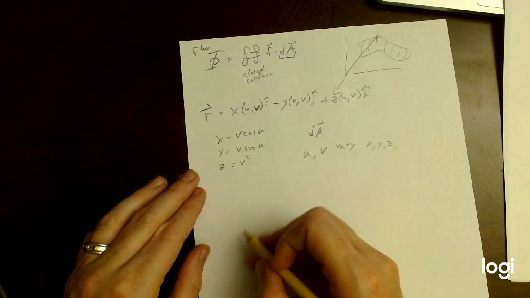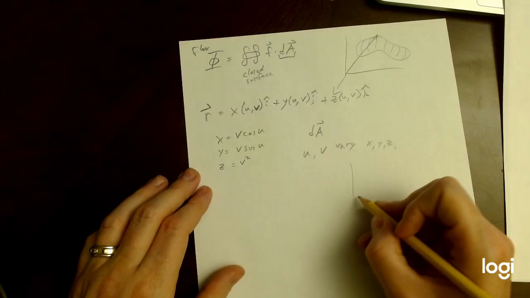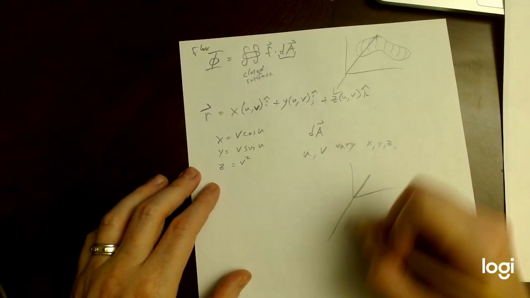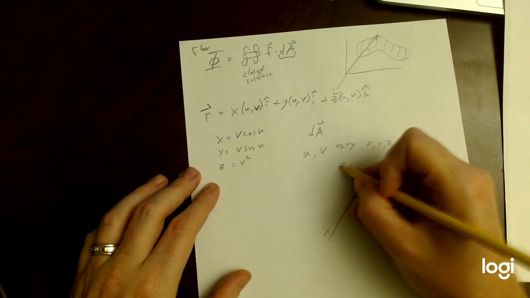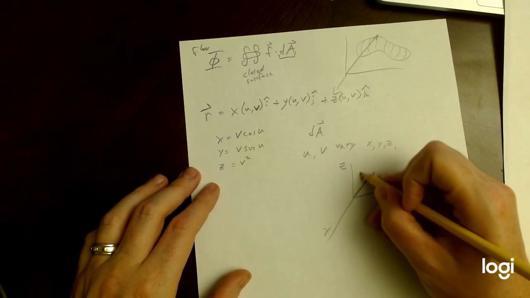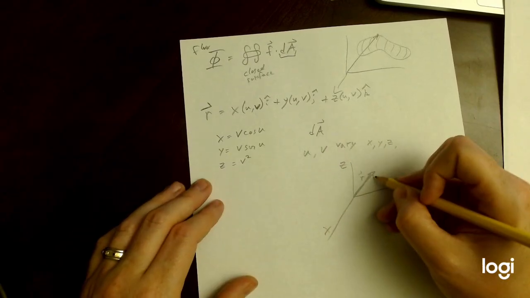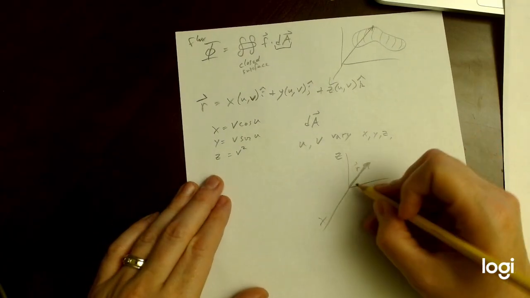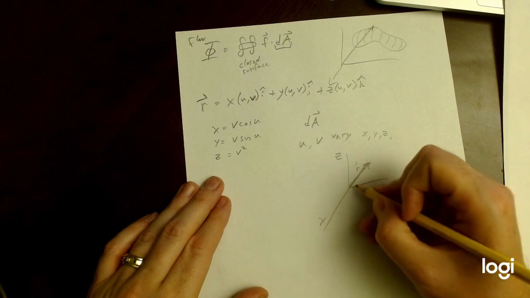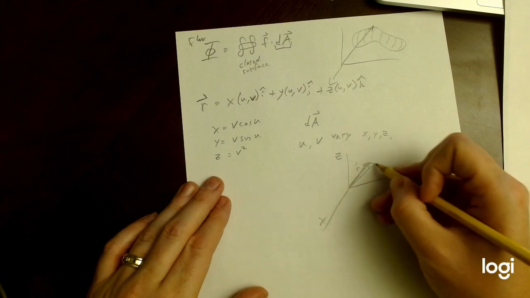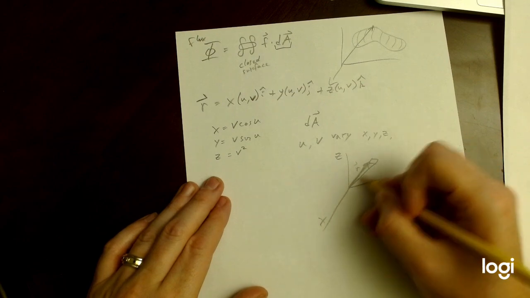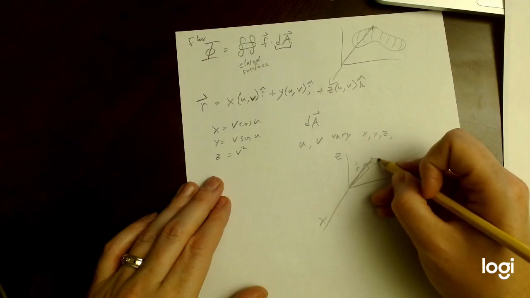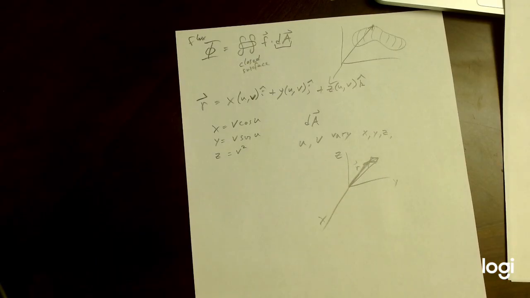To do that, we can think about this: we're at some point in space, x, y, z, and here's my radius vector that depends on those coordinates. As I vary u and v just a little bit, I will create a little bit of surface area like this.